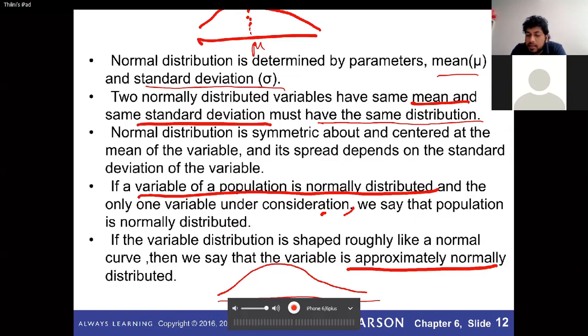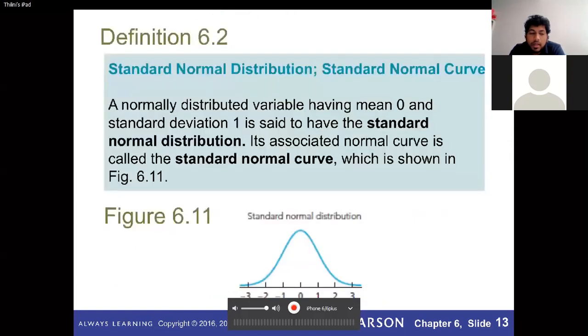It is not perfectly normally distributed, so we call it approximately normally distributed.